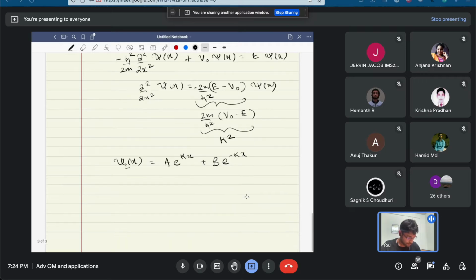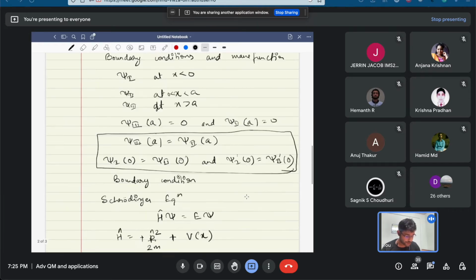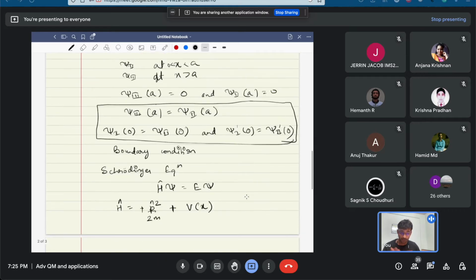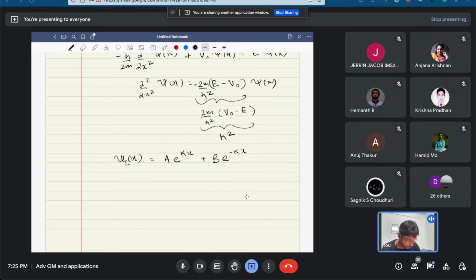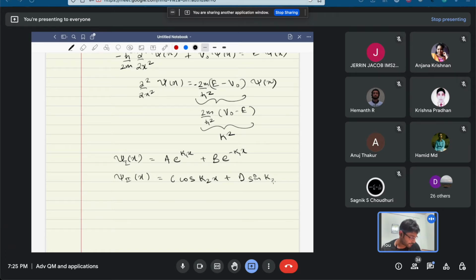Now in the second region, this becomes simpler because we don't have any potential, so it is essentially a free particle, and since e is greater than 0, you might check from your books as well, that it's in the form of c cos k2x plus d sin k2x.